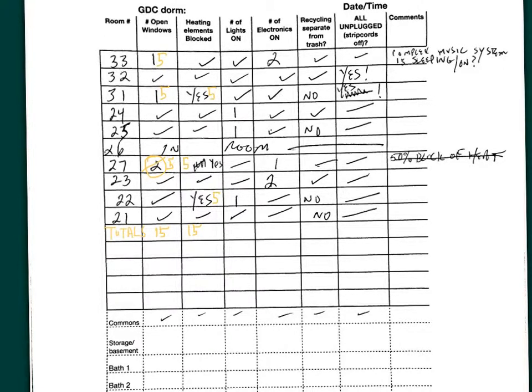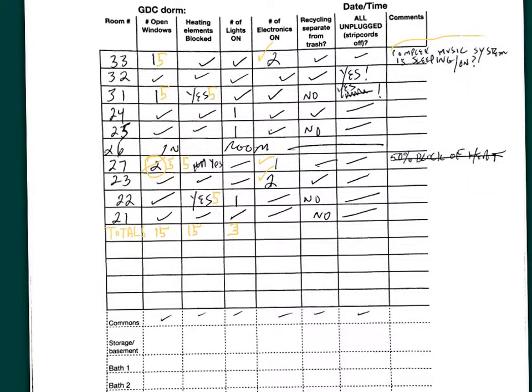Now when we look at lights, we have a different value for lights. They're 1 each because the wattage is pretty low on lights, and they can be controlled by you. You can turn them on or off. And that's basically what we're looking for, things that you can turn on and off, and that's especially true with electronics. Note here, here, and here we got a lot of electronics on, and so typically our judges are going to go in your room and see if they can turn it off. They're going to test it.